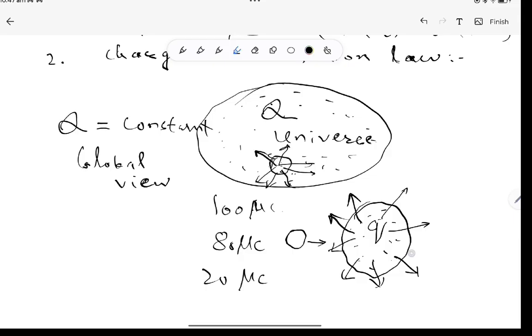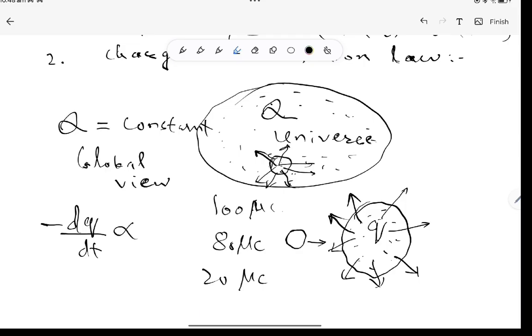This is like electric flux. Instead of the electric field passing through the surface, we now have charge passing through the surface. Now, the charge will decrease here, and its rate of decrease is minus dQ by dt.